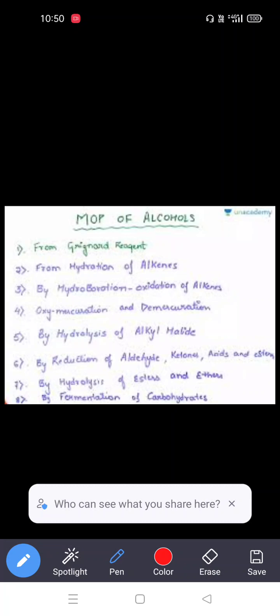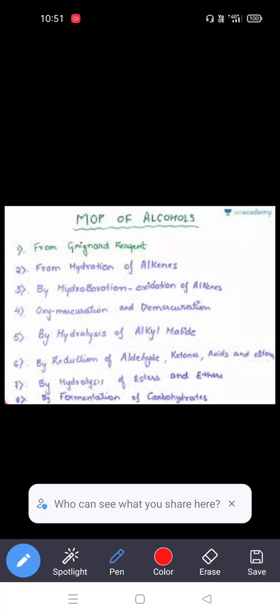The second one is from alkenes. We prepare alcohols by hydration of alkenes, which is addition of water to alkenes; the second method is hydroboration-oxidation of alkenes; and the third one is oxymercuration and demercuration. This is also one of the important methods to prepare alcohols.